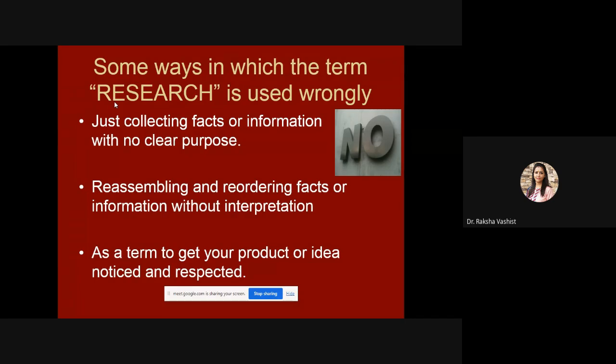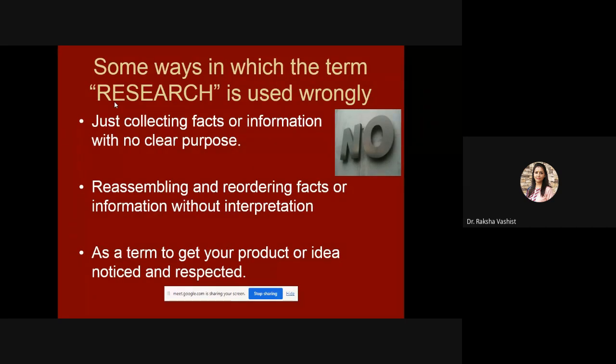For example, if I want to buy a new cell phone, and I'm collecting information about phones without any purpose, without any process, without any comparison between the brands or different procedures, and I have not set any parameters on which I'm going to collect information, that is not research.